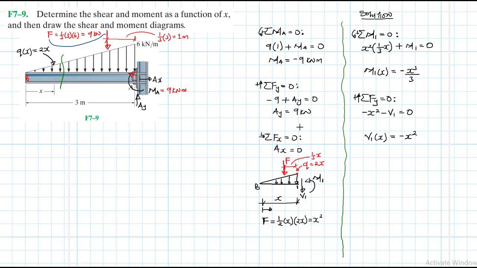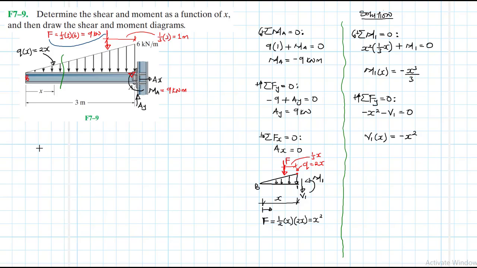Let's now begin to draw, because we now have the functions that govern shear and moment. Shear is quadratic, a polynomial of degree 2, while moment is a polynomial of degree 3.